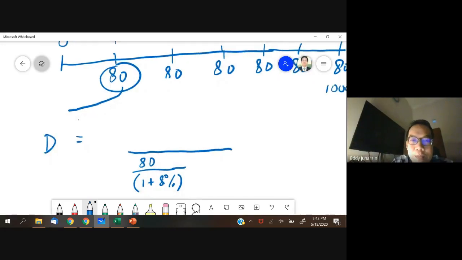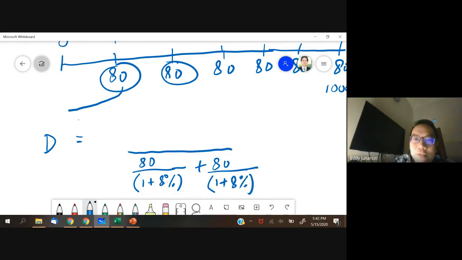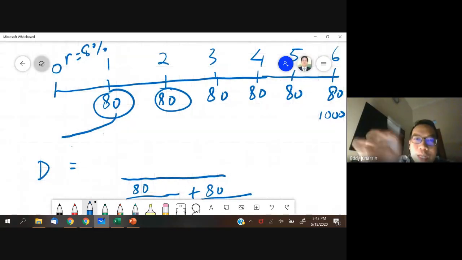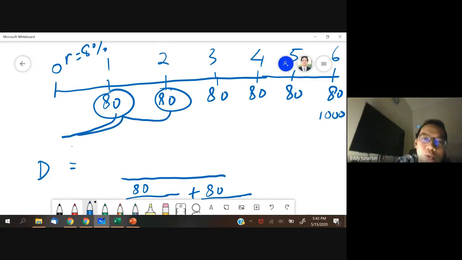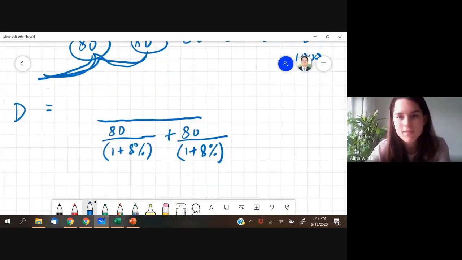Okay. So plus the second one, 80 divided by 1 plus market rate to the power of 2. To the power of 2, not because it's 2 years, okay? But there are two movements here, you see? 1 and 2. Yes.